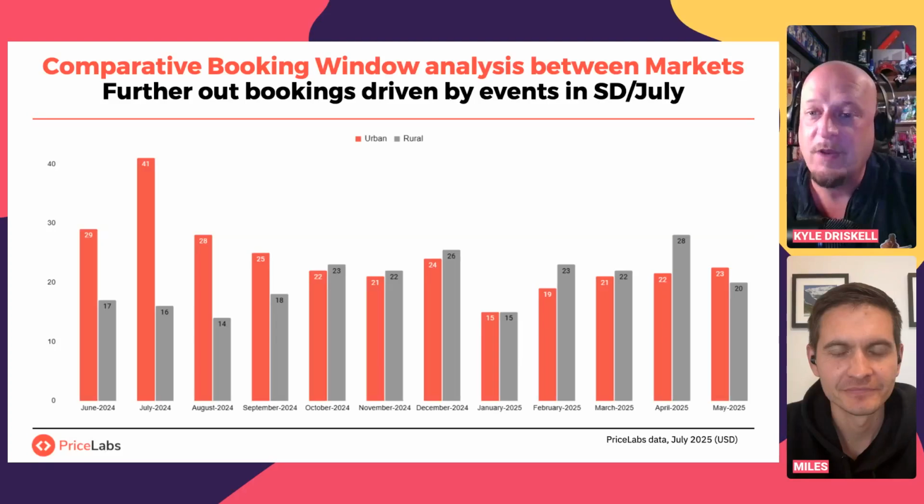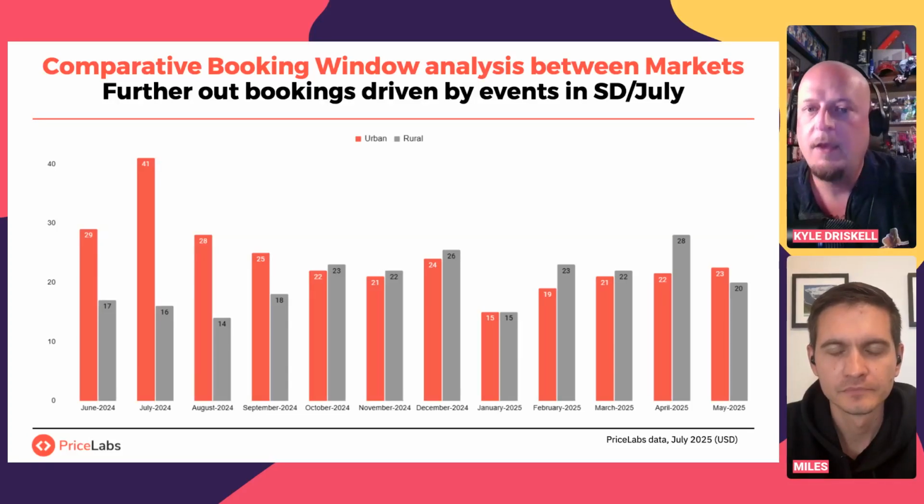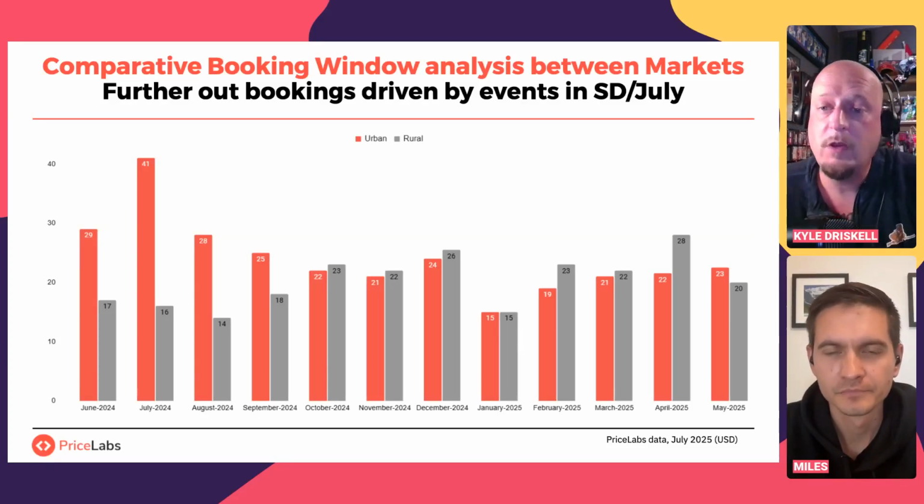But when we look at the booking window, again, red is San Diego, gray is going to be for Joshua Tree. And if we highlight that July area, you should have your rates at a bookable rate for San Diego much further out than you need to for January. People are looking to book in San Diego way further out. They got a lot of plans to make.